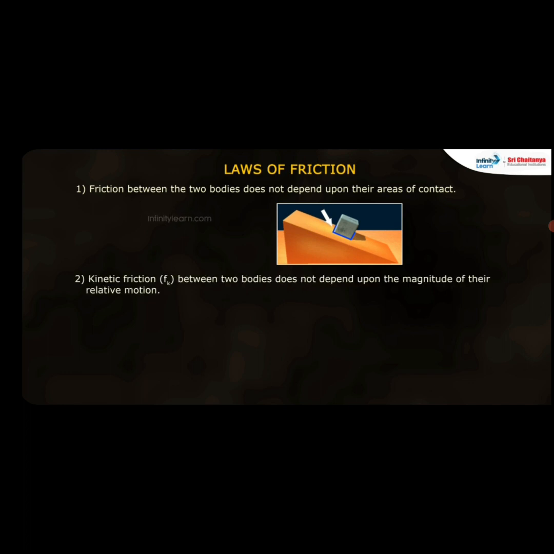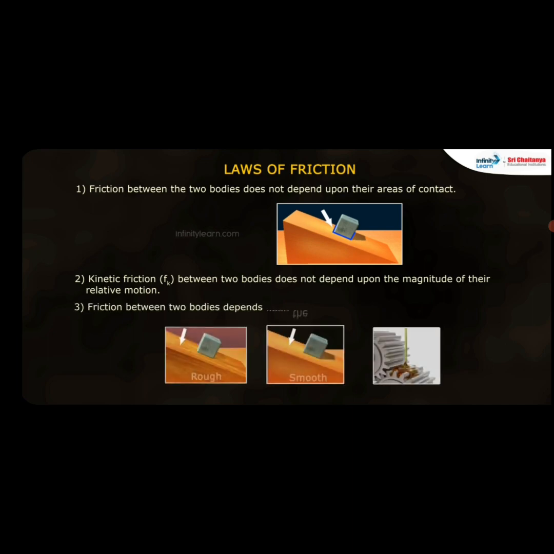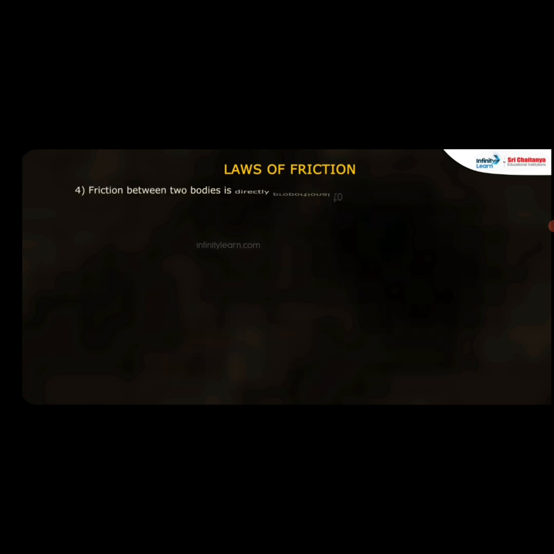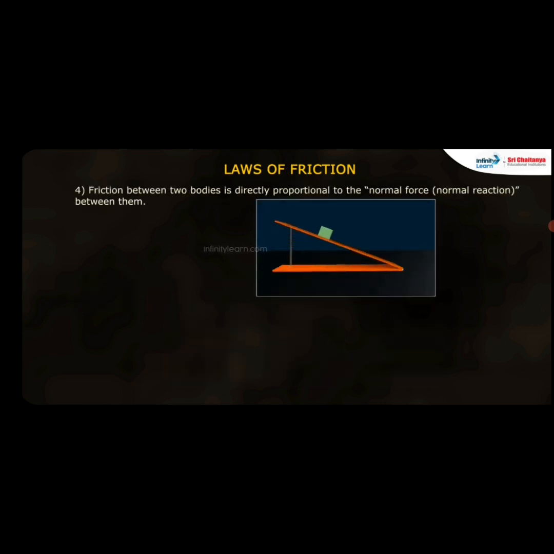Kinetic friction, Fk, between two bodies does not depend upon the magnitude of their relative motion. 3. Friction between two bodies depends upon the nature of the surfaces in contact. 4. Friction between two bodies is directly proportional to the normal force, the normal reaction between them.